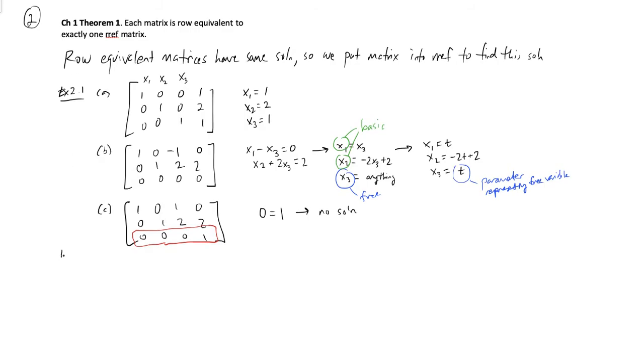All right, let's look at another example. This is a fairly straightforward matrix here.